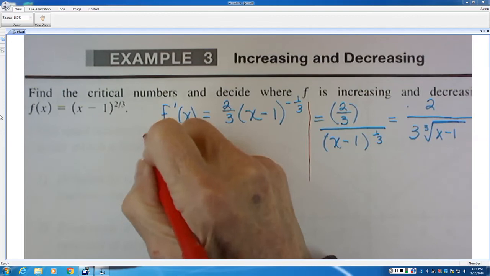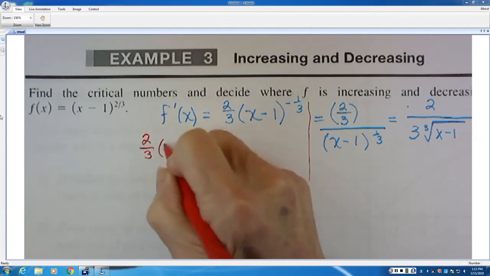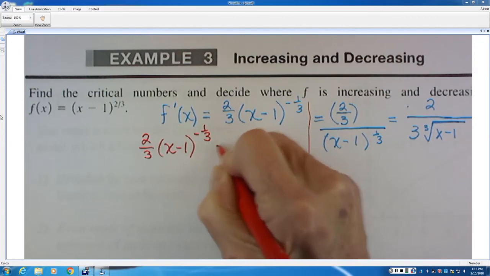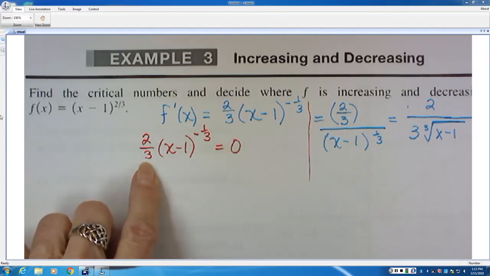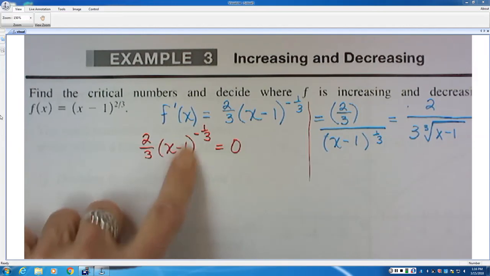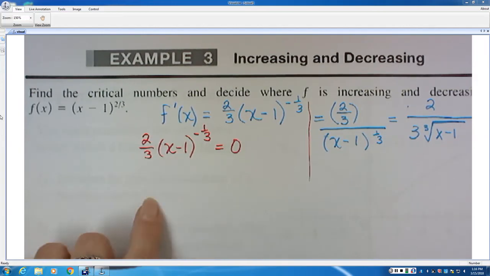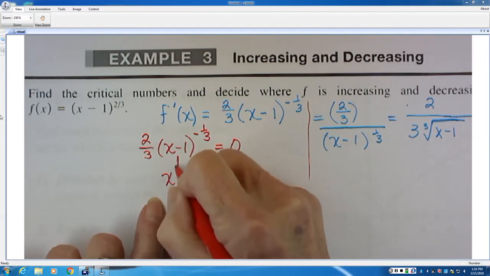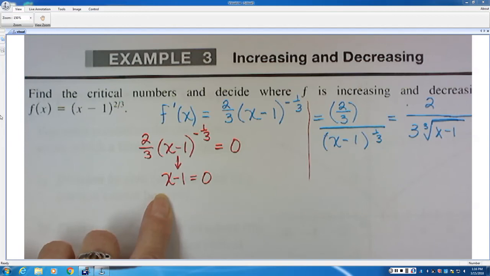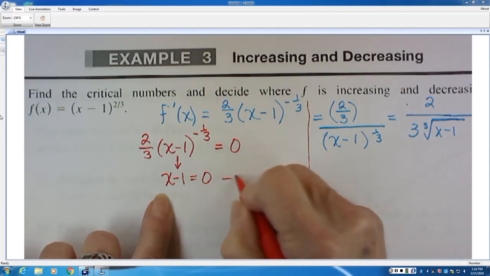If you stopped here and you said 2/3 times x minus 1 to the negative 1/3 would be equal to 0, well, okay, 2/3 is never equal to 0. And anything to a power is only going to be equal to 0 if this x minus 1 would be equal to 0. So you're going to be tempted to say, okay, well that's going to be where x minus 1 is equal to 0. Okay? Well, that's going to happen when x is equal to 1.